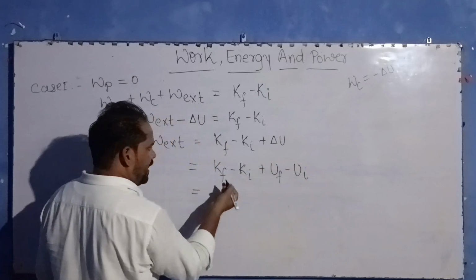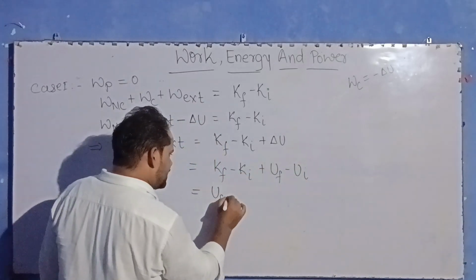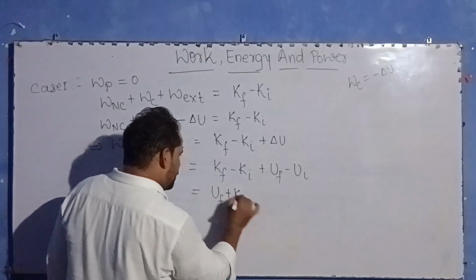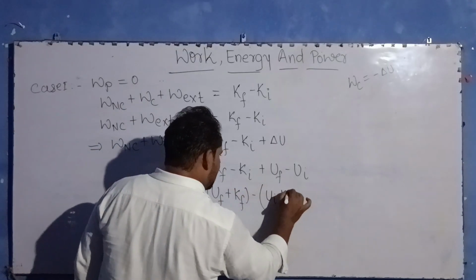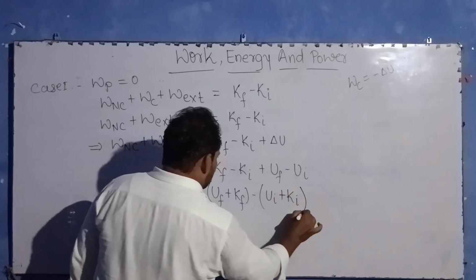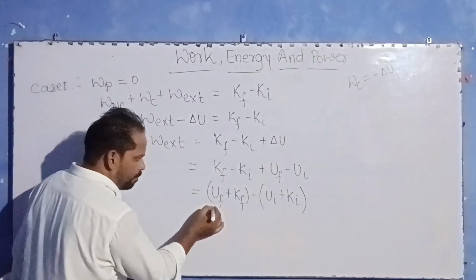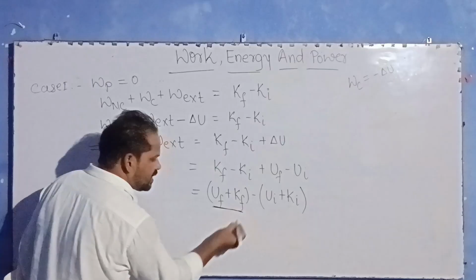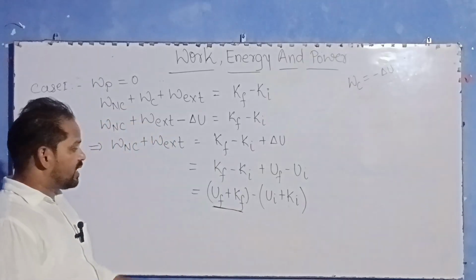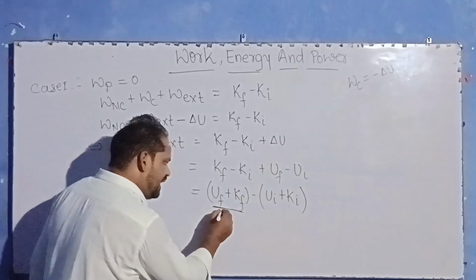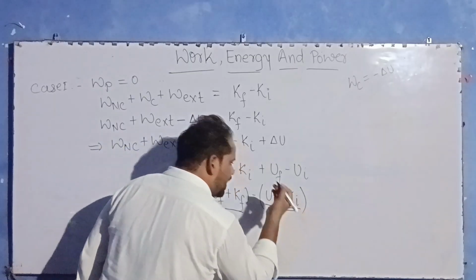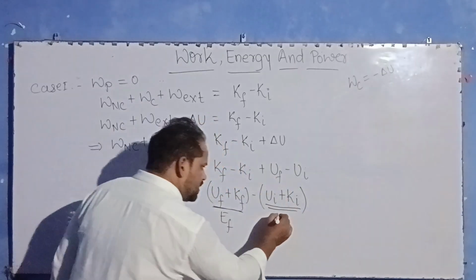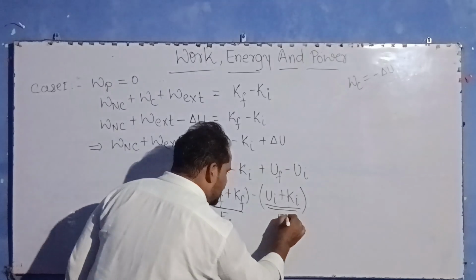which can be further simplified as U final plus K final minus U initial plus K initial. Look at this part. This part is the total mechanical energy final, E final. This is the total mechanical energy initial, which is equal to E initial.